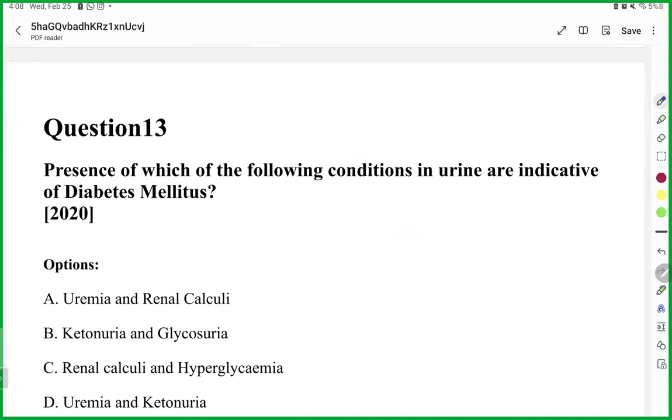Tuhina. Oh, 1 second. Hmm. Diabetes mellitus. That's insulin related, right? Yeah.